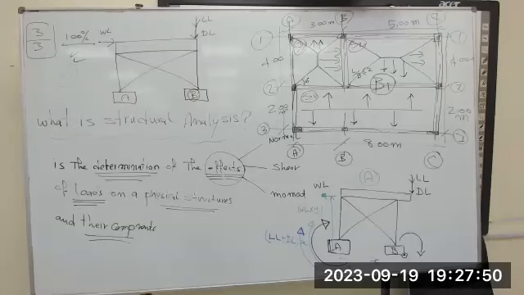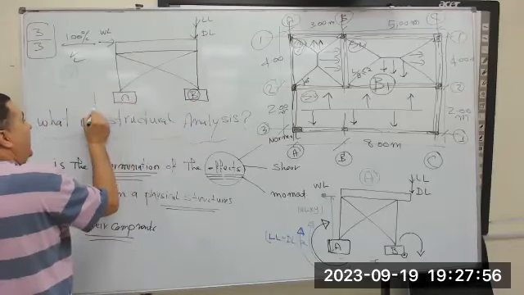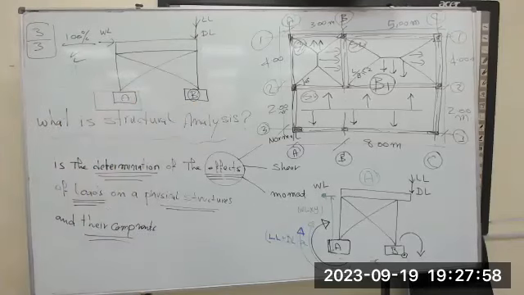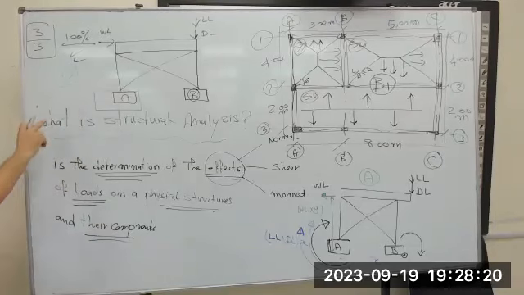It will be more stable, but the cause of overturning is less. If you extend this foundation more than enough, if you need more stability, more equilibrium, keep it like that. But now overturning will happen here in B. In this case, if you are increasing the size of the foundation, it will happen here.